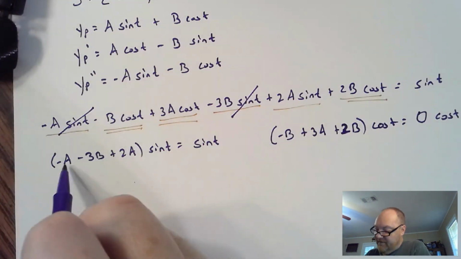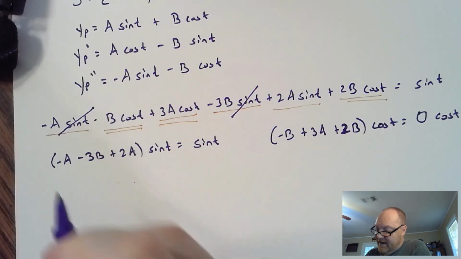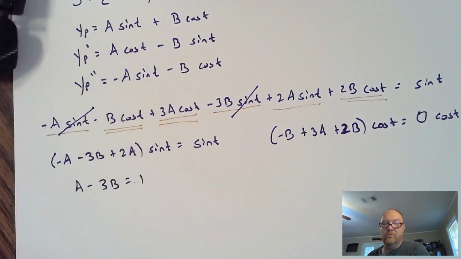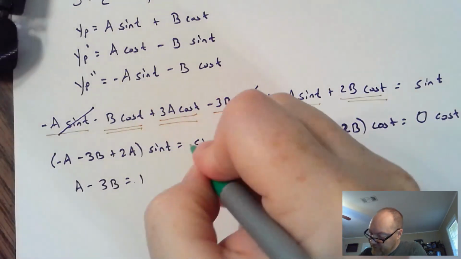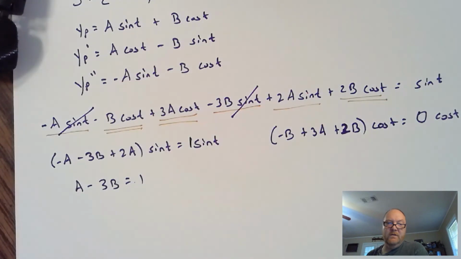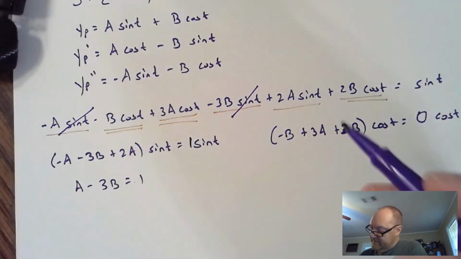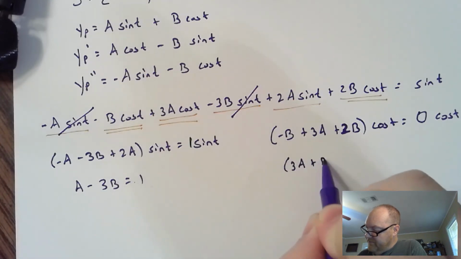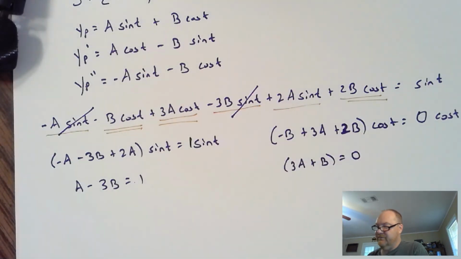Alright, so this gives me, I'm going to combine these like terms. So this is a minus 3b equal to 1. Where did the 1 come from? The 1 is the coefficient sitting right here. And on the other side, I've got 3a plus b all equal to 0.